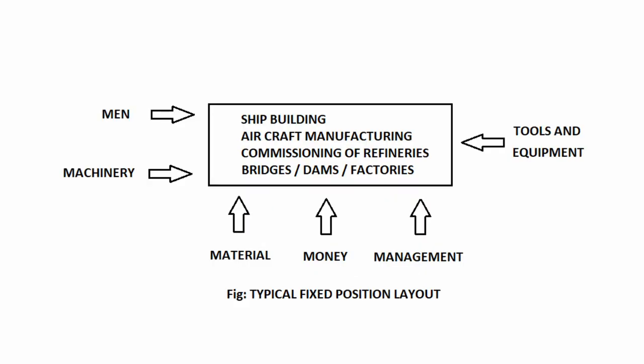Coming to a typical fixed position layout, here you can see shipbuilding, aircraft manufacturing, commissioning of refineries, bridges, dams, construction of factories. So these are all big products or projects. Here we have men, machinery, material, money, management, tools and equipment, everything has to be moved to the point of manufacture.